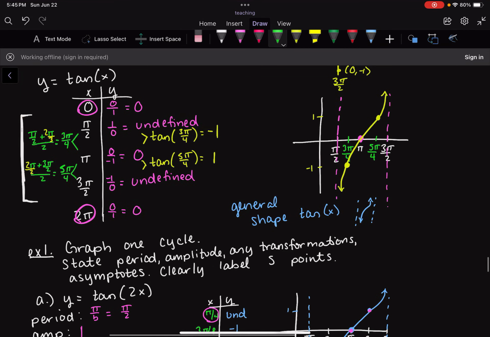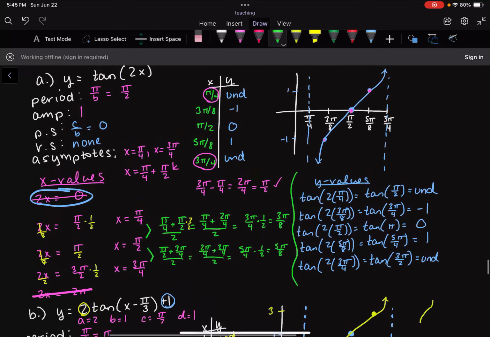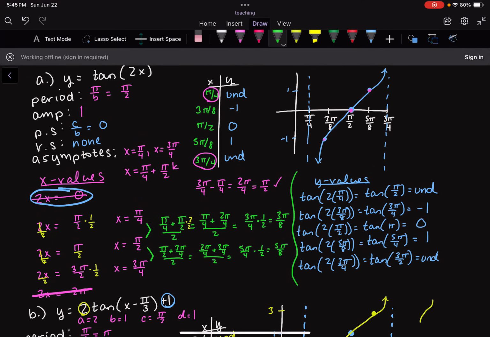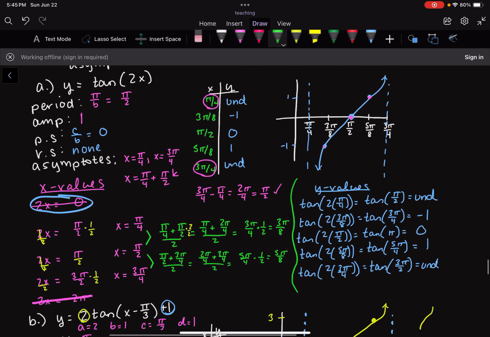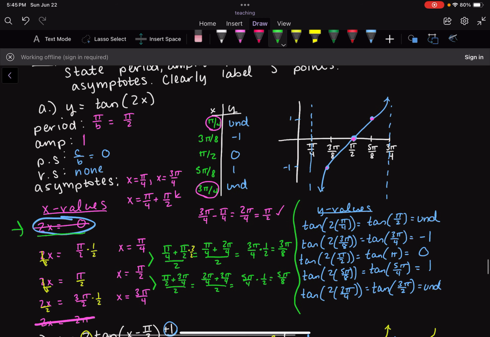Also with tangent, you'll find that using just the quadrantal angles doesn't give you enough x values. So for instance, I'll show you on this problem we did. I'm looking at part A right now. So I set all of my x values equal to 0, pi over 2, pi, 3 pi over 2, 2 pi. What I found is that these don't actually matter because they're outside of one period.